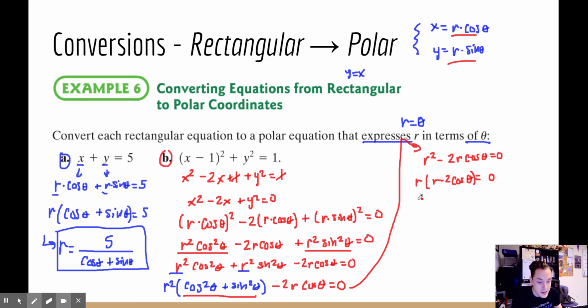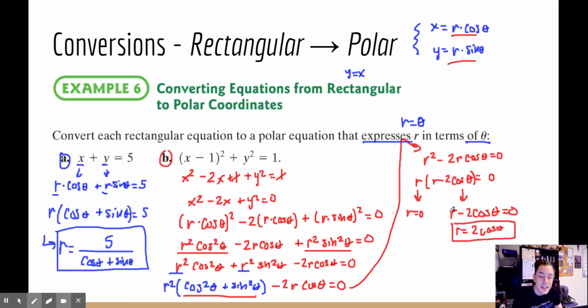So this is r equals 0, and I can set this one, this is the zero product property, equal to 0. So r minus 2 cosine of theta equals 0. The second one I can just solve for r real quick. So this is r equals 2 cosine of theta, and then this is done.